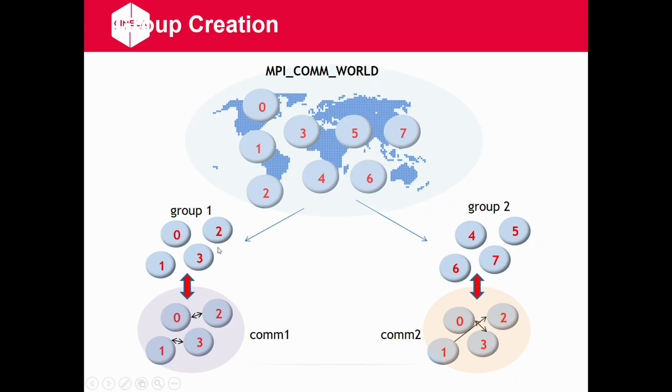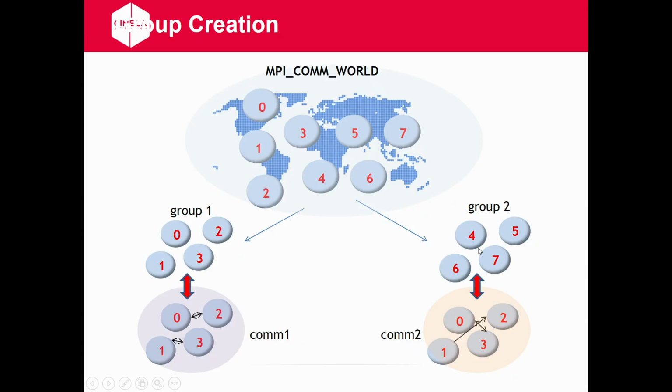Then, when you create the group, you can associate the communicator to the group, and you have to remember that in the communicator the ID of the process starts from 0, so 0 corresponds to 0, 1 to 1, 2 to 2, 3 to 3.